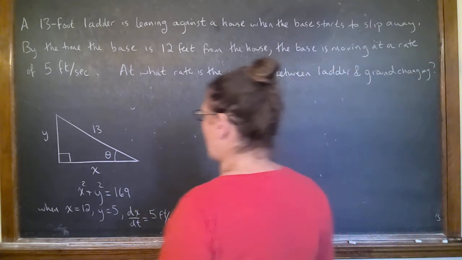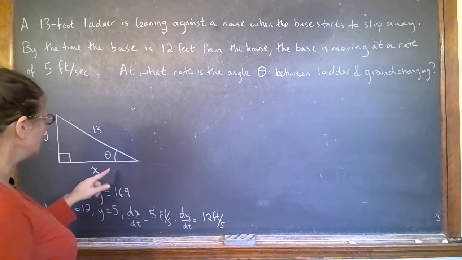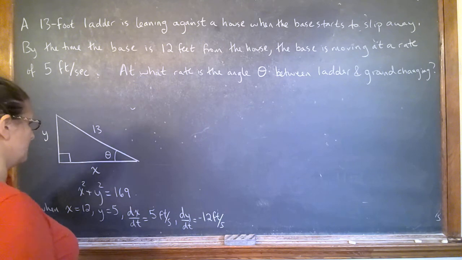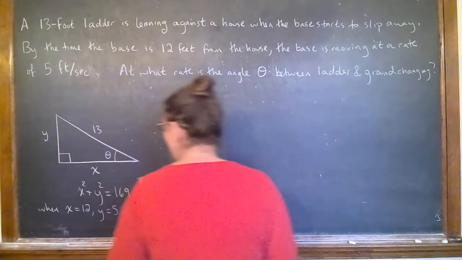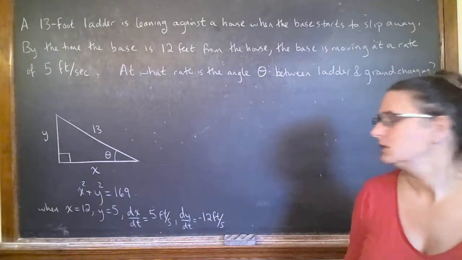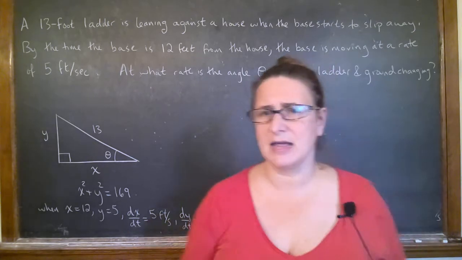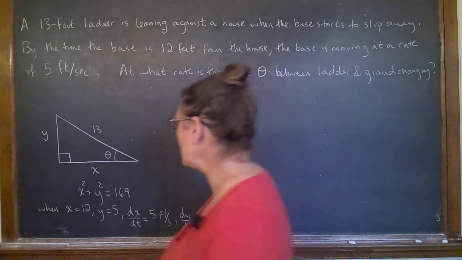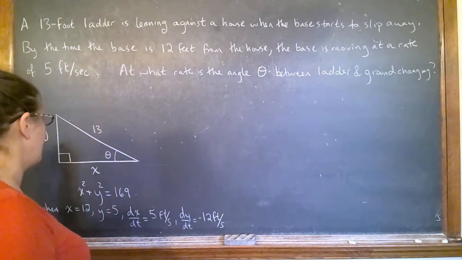All right, let's see what we got. Now I can use anything actually, because I just need to know something about theta, right? So I could use sine, cosine, tangent, doesn't matter. I'm just going to use x.